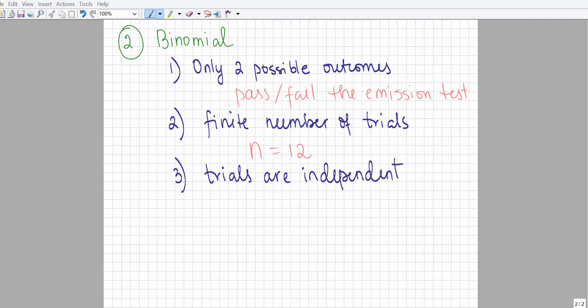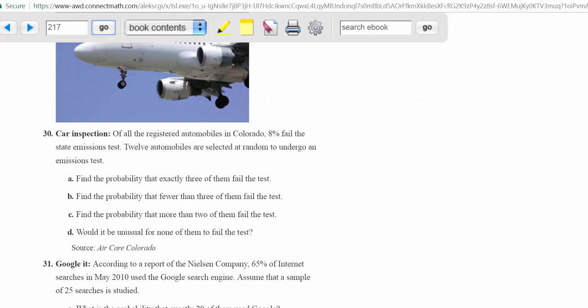And this will be usually satisfied, but let's just think about it. Well, these 12 cars are selected at random. It's very unlikely that all 12 of them will be, let's say, in the same family or even same neighborhood. So it makes sense to assume that these are all independent cars, okay?